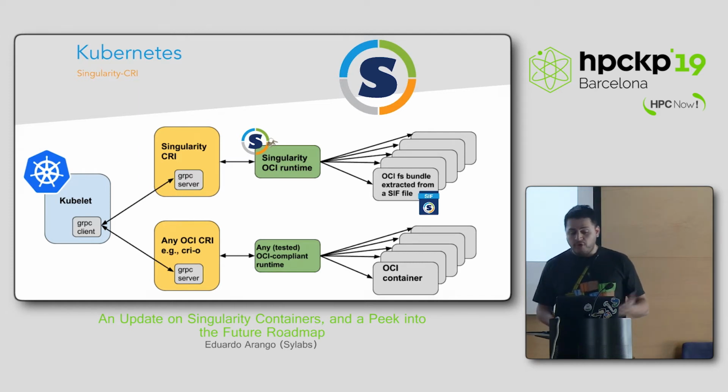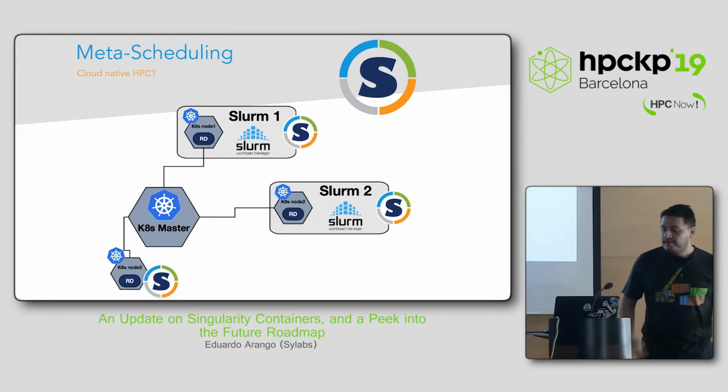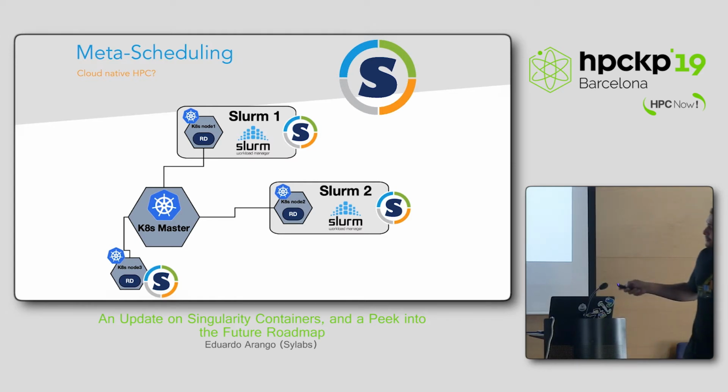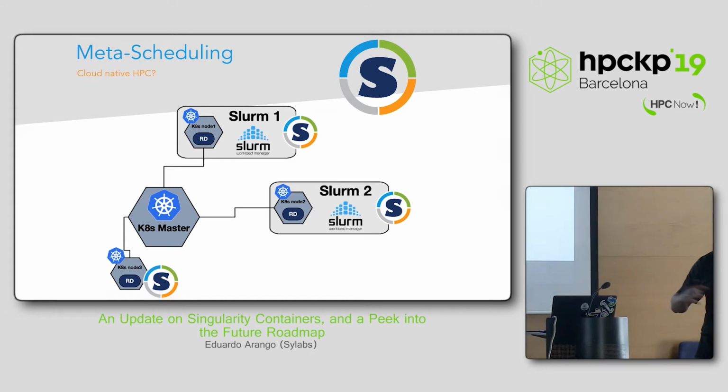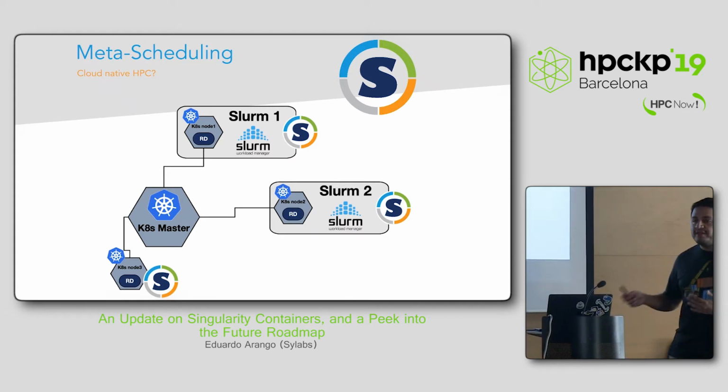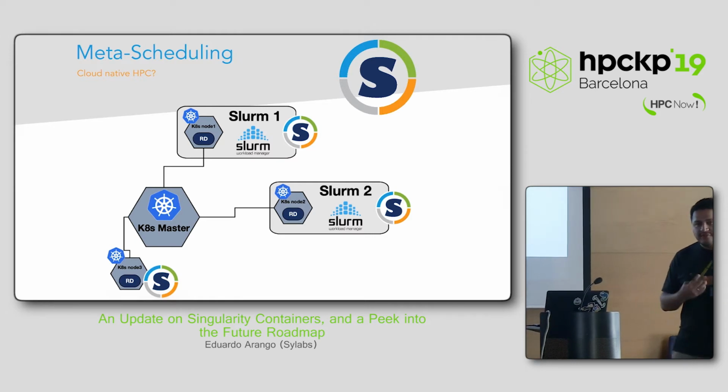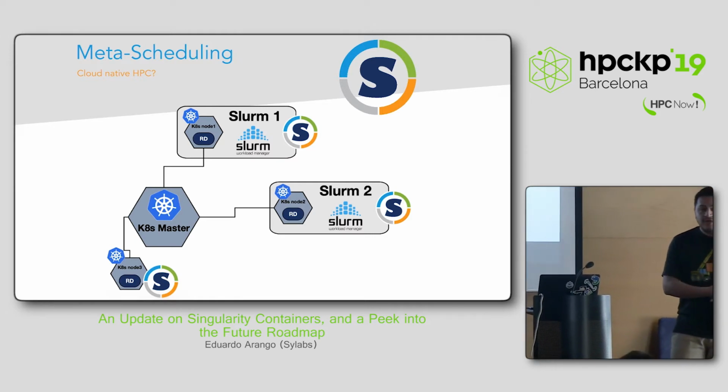But now going back to HPC, this is also open source now in the Sylabs repo. We developed a Kubernetes Slurm integration, and now we are opening this up with some development. We want to open this not just for Slurm, but for different schedulers.